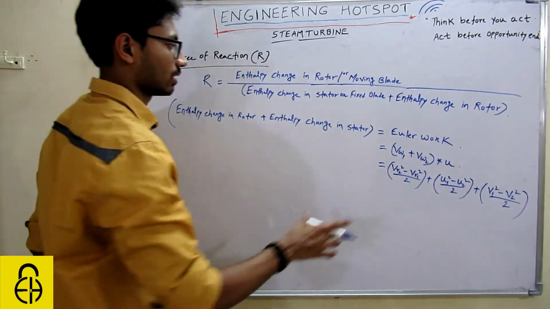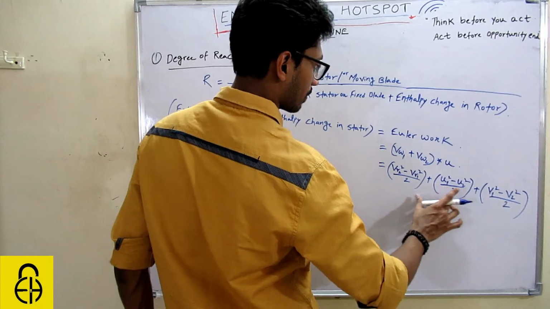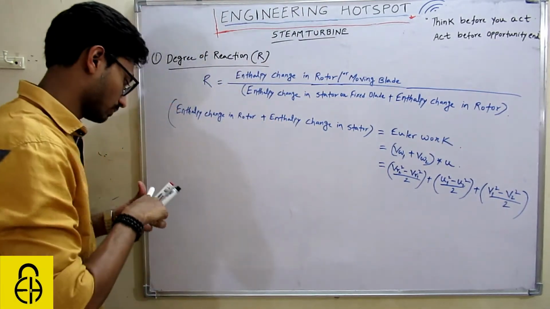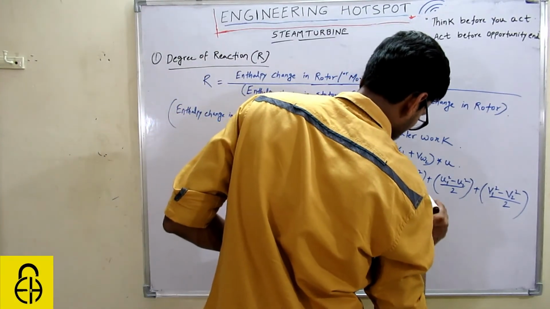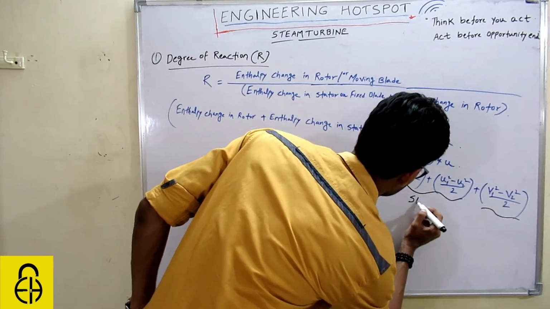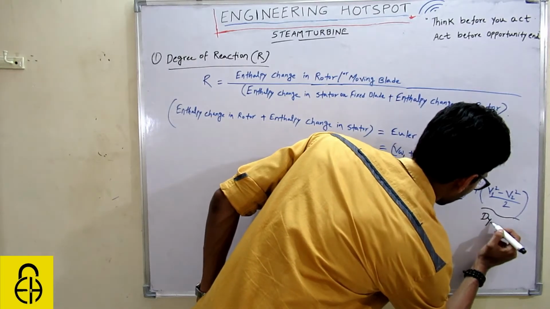This complete thing is the sum of these three parts. Basically, this part is called static, and this part is called dynamic.